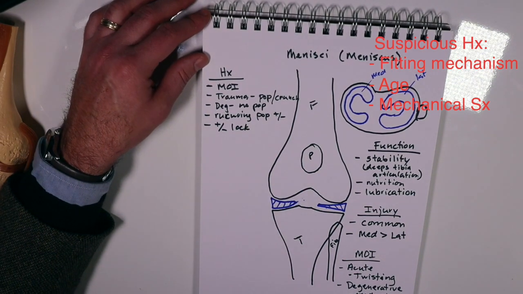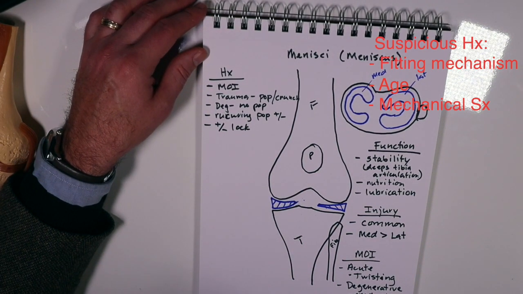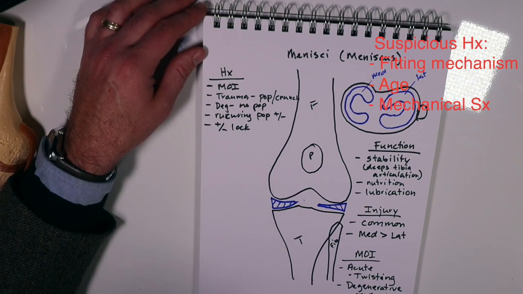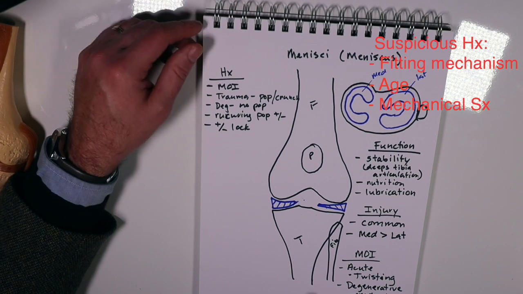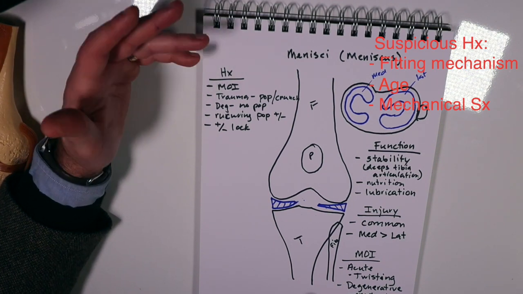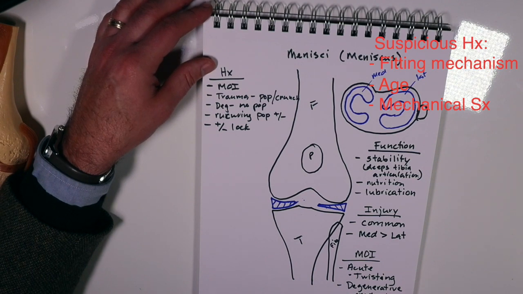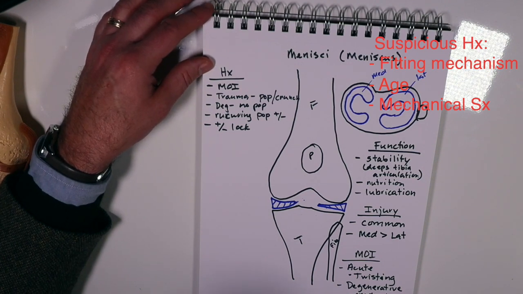And true locking is where the knee is flexed, there's a pop, that meniscus tear flips out of place into the joint, and the patient cannot extend the knee. That is true locking. A patient not wanting to bend the knee because it hurts, that's not locking, but they may describe it as locking. Again, I've had meniscus tears, I've had a displaced, I've had a locked knee, and there's no mistaking that. So they may feel recurring pop or may not if the tear is not unstable.